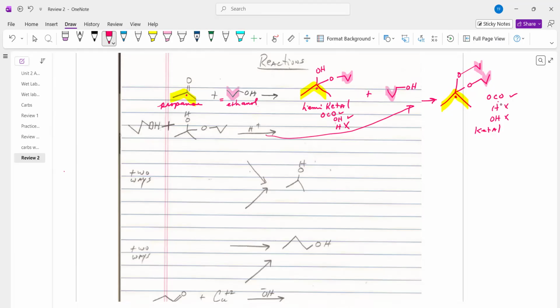Two ways. We can start with an alkene, or we can reduce a ketone. So let's start with a ketone.